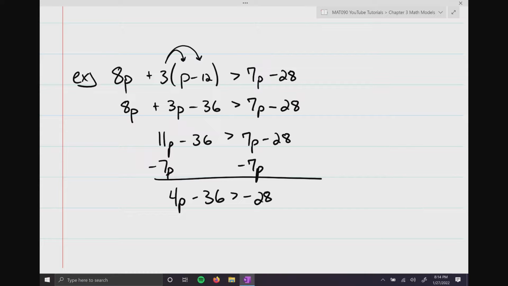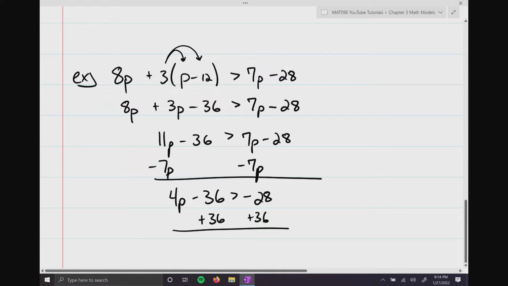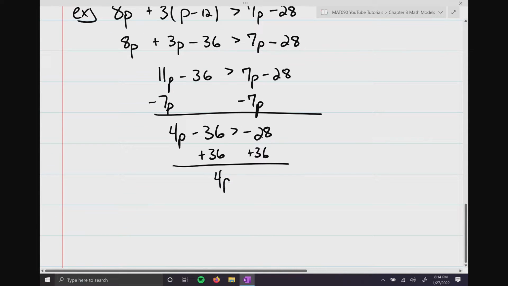Then I'm going to add 36 to both sides of my inequality to give me 4p is greater than positive 8. And then finally, I will divide both sides by 4 to give me p is greater than 2. So here's my solution.